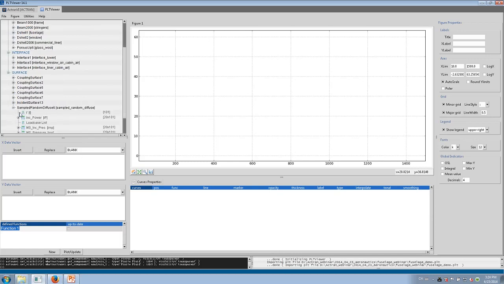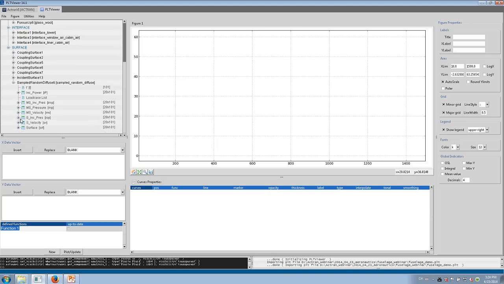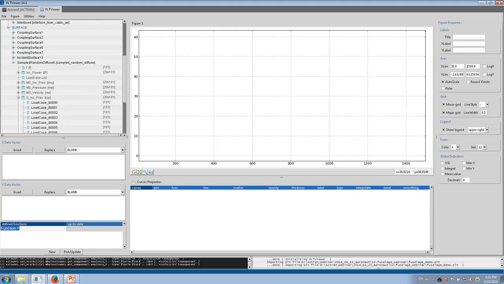First, I will get the incident mean square pressure, the mean square pressure of the incident surface.